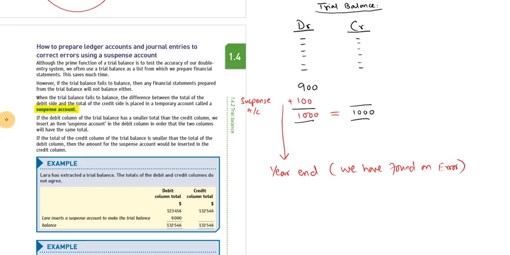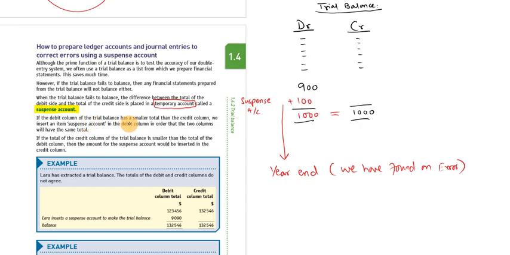Now read this paragraph for your better understanding. When the trial balance fails to balance, the difference between the total of the debit side and the total of the credit side is placed in a temporary account. As we told you, the suspense account is a temporary account.